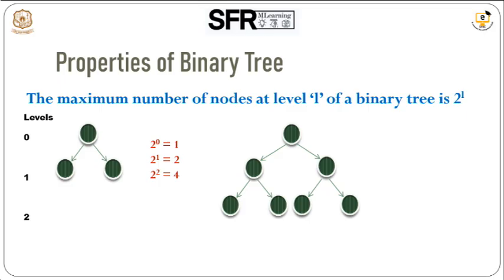So, 2 to the power 0 is 1. That is all. At level 1, 2 to the power 1 is equal to 2. That is, at level 1 the maximum number of nodes should be 2. You can see that evidently from this diagram. At level 2 the maximum number of nodes allowed should be 4. You can see that also, right.